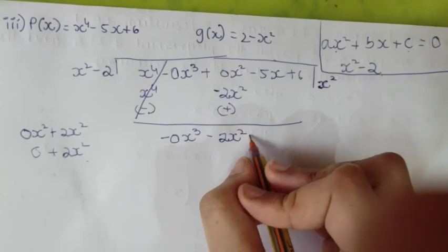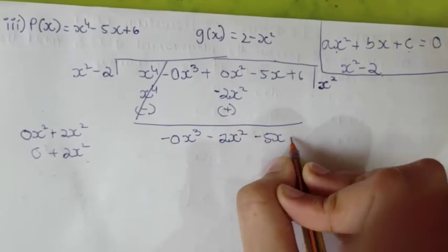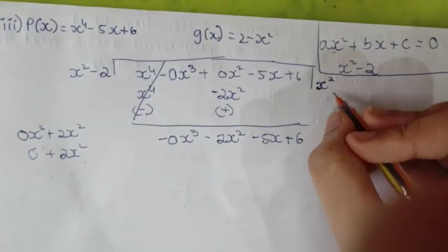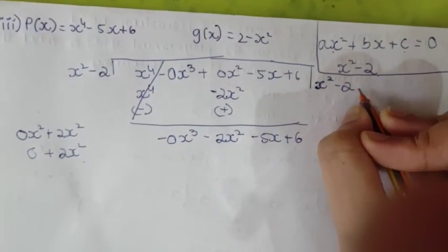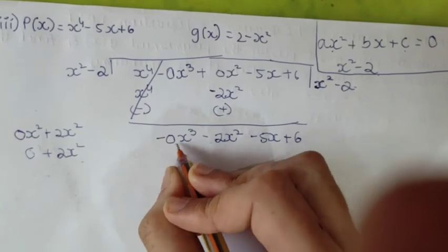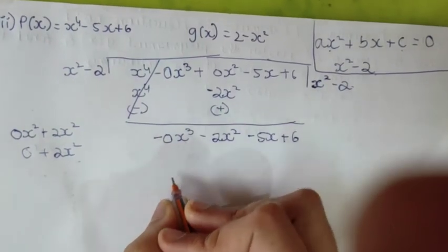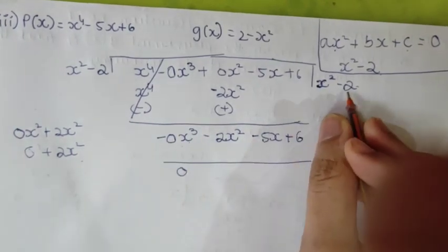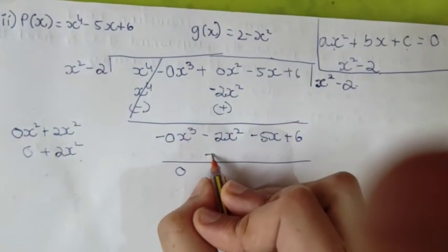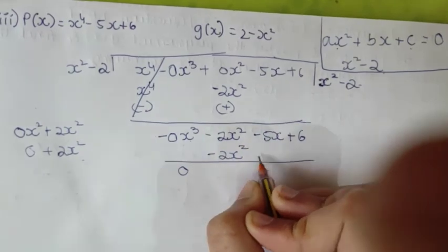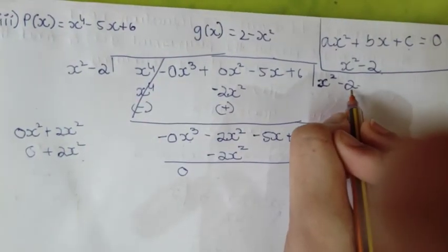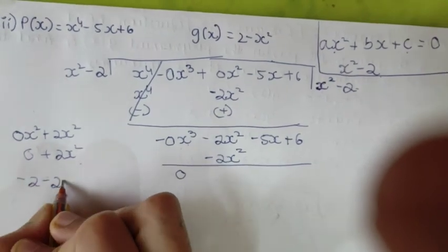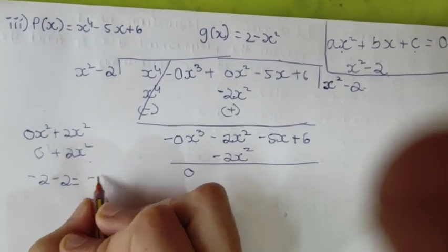Okay, so now here minus 5x plus 6. Now here minus 2. Okay, so here 0 into any number is 0, so this will become again 0 here. Okay, so your minus 2x square is minus 2x square, and minus 2 into 2x square, that becomes minus 4.